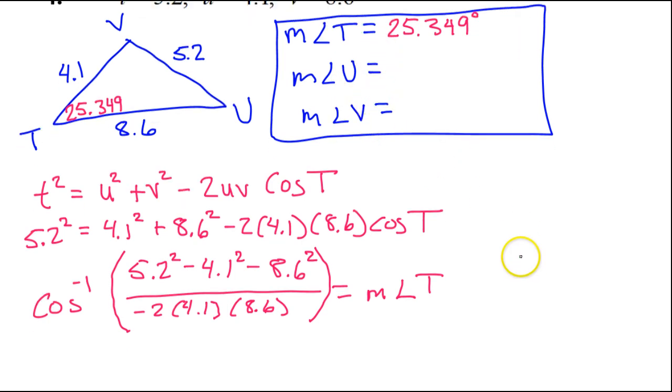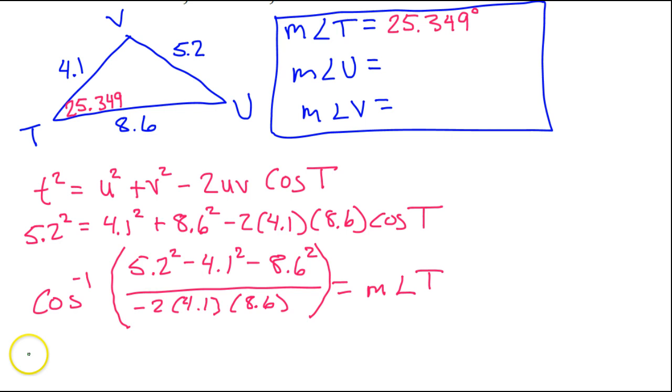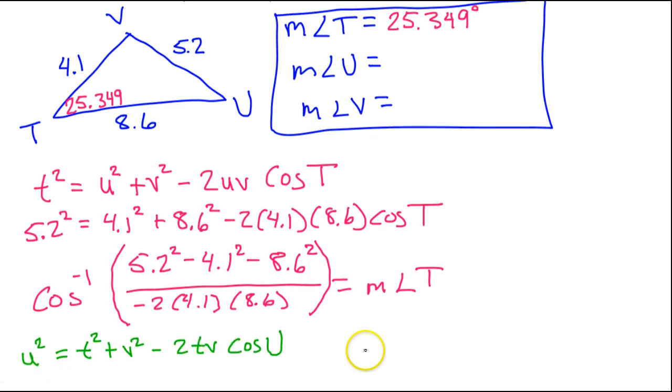So since I'm looking for the measure of angle U, I'm going to start off my law of cosines with U squared. So U squared will equal T squared plus V squared minus 2TV cosine of angle U. That's my law of cosines. So I'm just going to substitute in all of these values, which I do have.